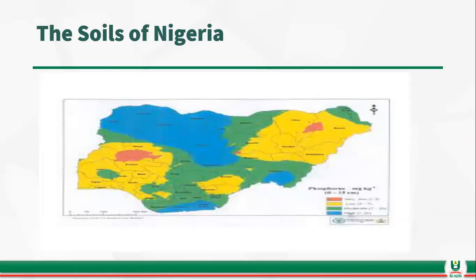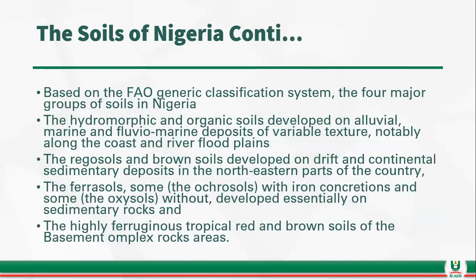You can see the soil of Nigeria with the respective colors for different zones being used to separate them. However, in case you cannot see very clearly some of the keys, you can just Google this on your phone. You'll be able to see some of these different soil types and where they occur in Nigeria.